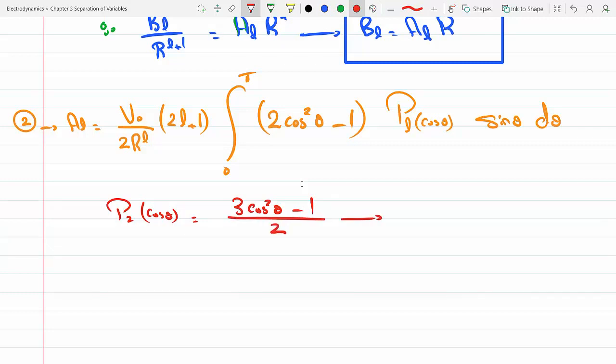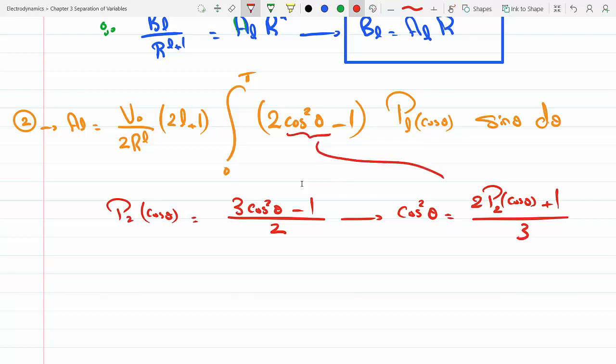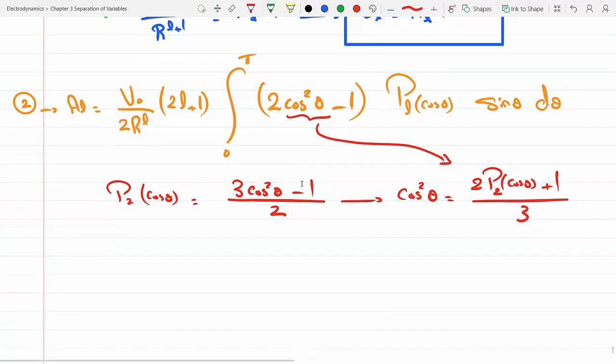So if I turn this around and solve for cosine squared theta, I get cosine squared theta equals (2 P2 plus 1) over 3. And so now I will replace this cosine squared here with this, because that will enable me to integrate P_L of cosine, which will tell me what L is.